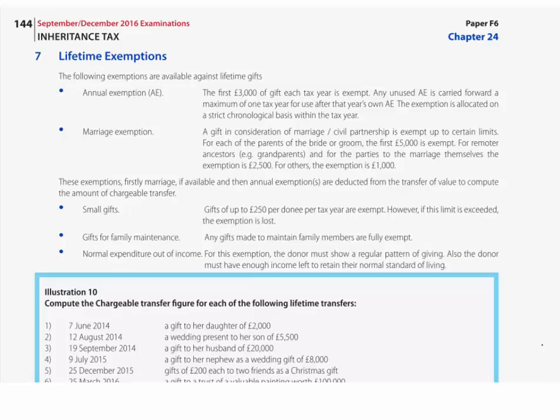In calculating the tax on death, whether it's on the lifetime transfers chargeable on death or thereafter on the chargeable estate, we do of course have to be aware of the available nil rate band.